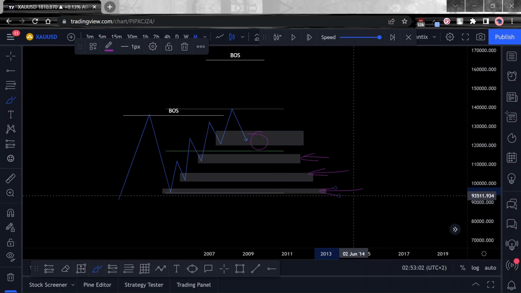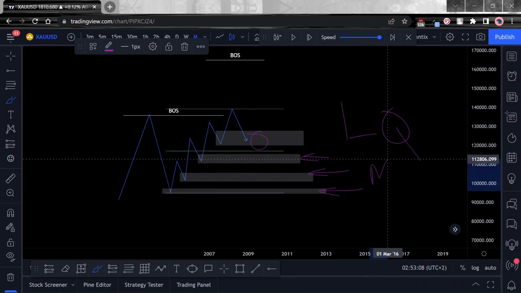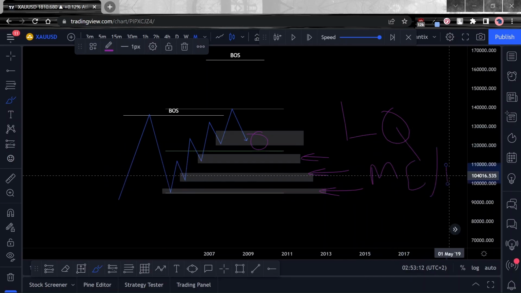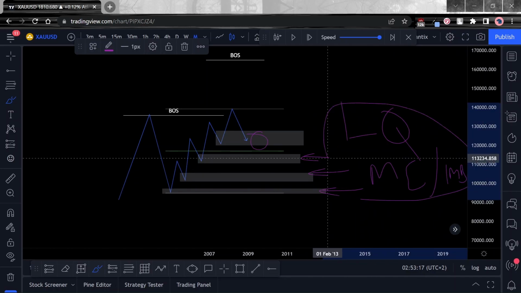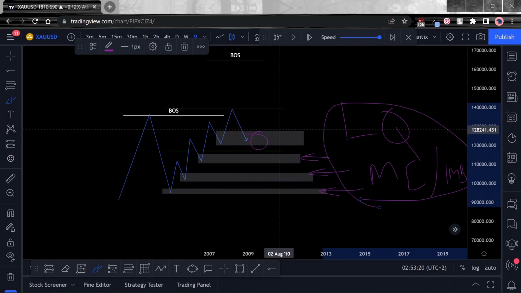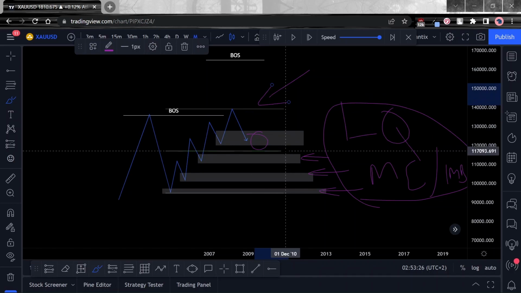Now, if we're going to incorporate the concept of liquidity and the concept of market efficiency, or our imbalance, then we're going to realize that by the time we combine these two with our premium and discount price tool, we've got more than enough tools to be able to identify the best order blocks, or the best points of interest, or supply or demand areas, right?